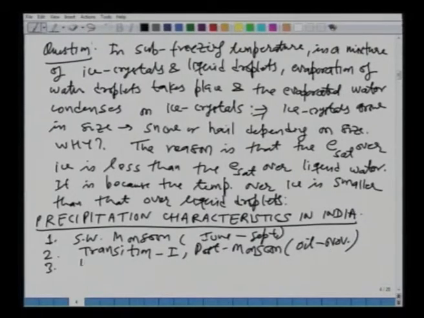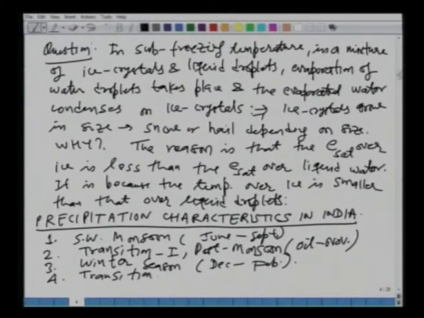The third one is called the winter season or winter, which runs from December to February, and number 4 is what is called transition 2, which is also known as summer, which is during March to May.